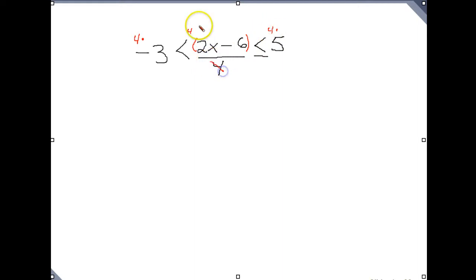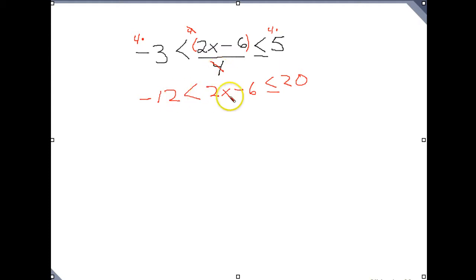So here the 4's cancel out. So this is going to be a negative 12 is less than 2x minus 6 is less than or equal to 20. Notice how much easier it is when you get rid of the fractions.